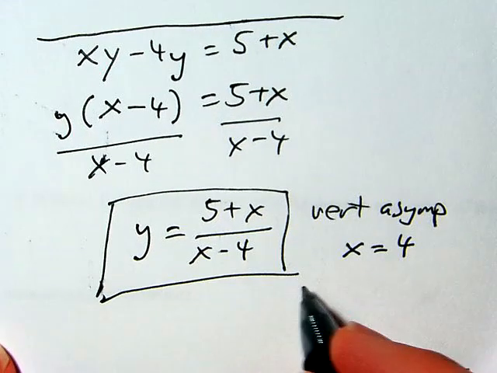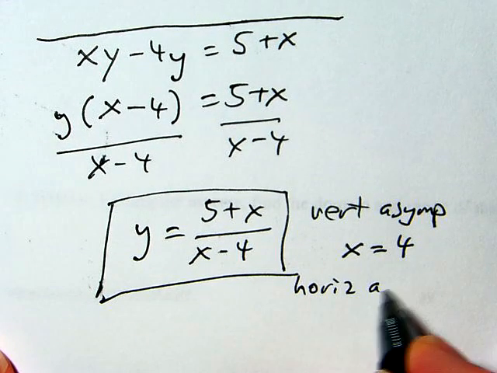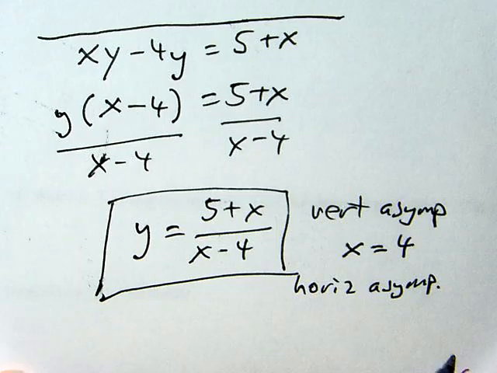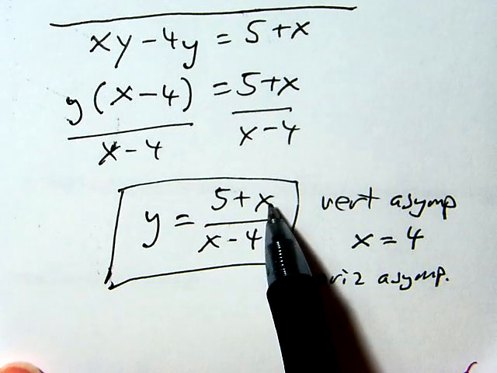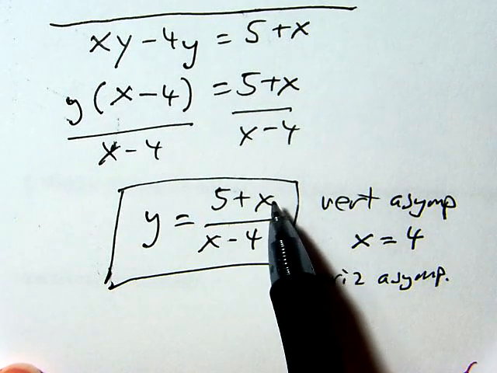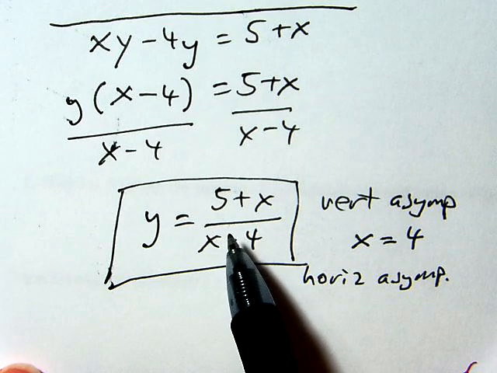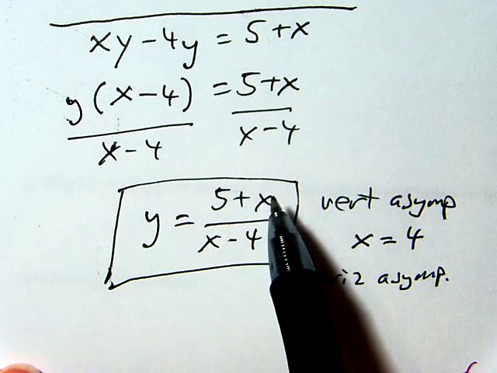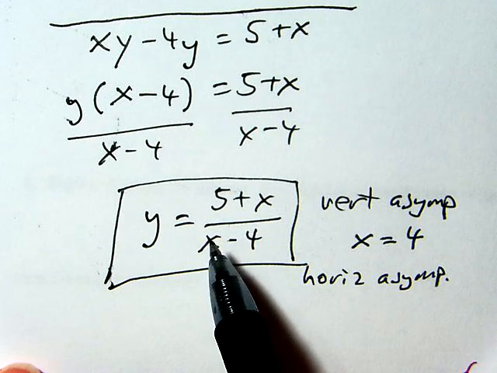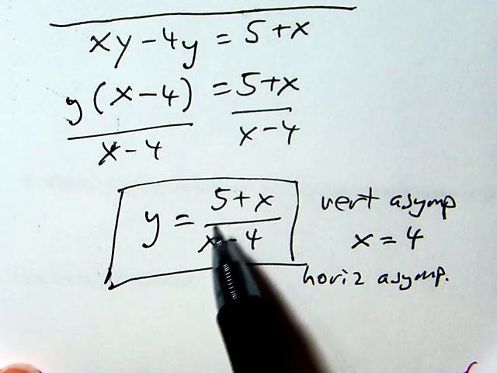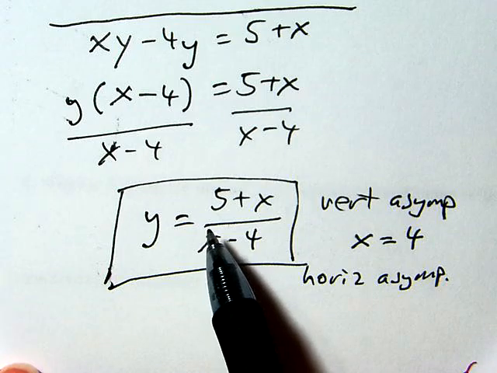And the horizontal asymptote, if you remember how we determine it, is that we look at the x terms in the numerator and denominator and compare the degree of the highest degree term. In this case, both are of degree 1. If both are of the same degree, look at the ratio of the coefficients of those terms, and that ought to give you y equals a constant.